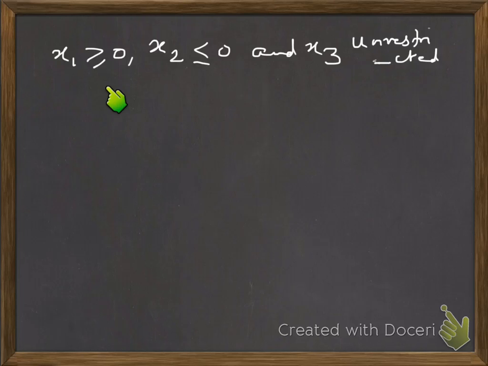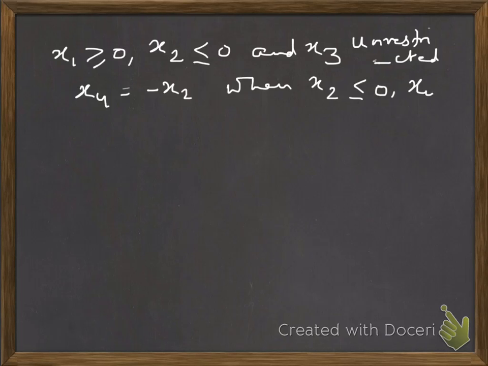x1 greater than equal to 0 doesn't cause us any problem, but x2 is less than equal to 0. If we make a substitution, say x4 equal to minus x2, then when x2 is less than equal to 0, x4 will be greater than equal to 0.